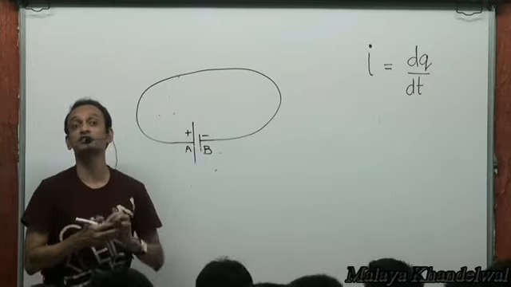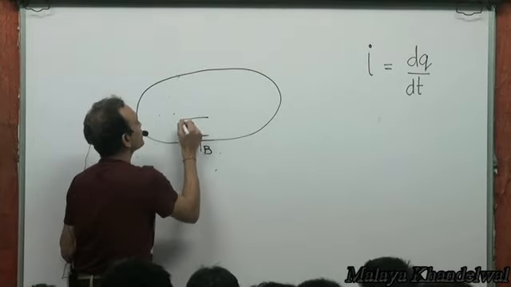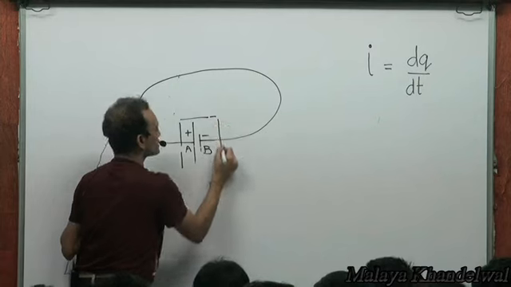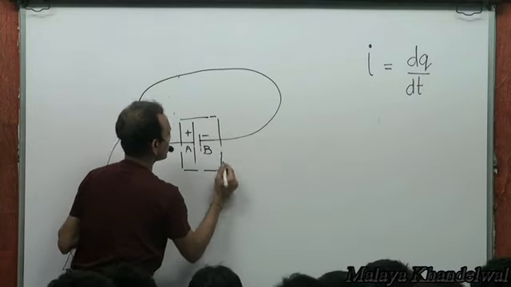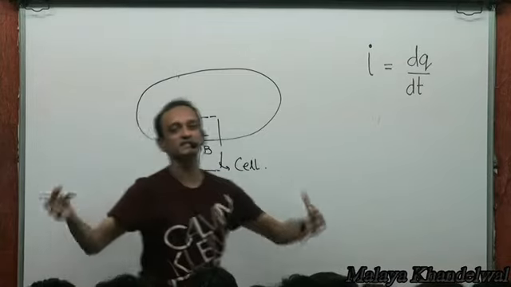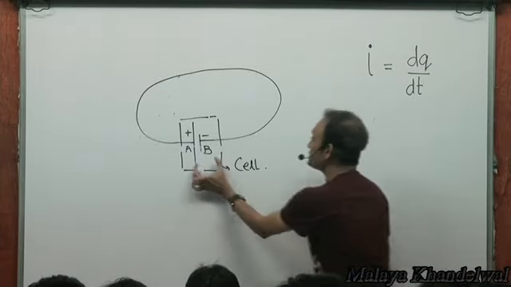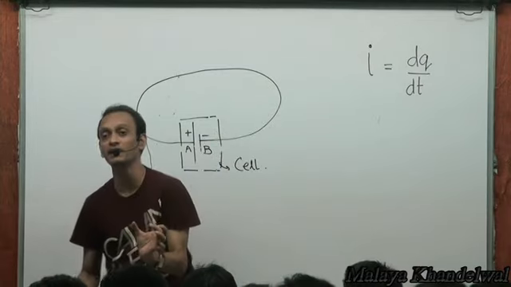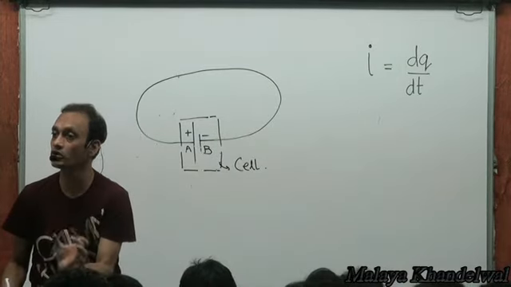This mechanism which does that is called a battery or a cell. A collection of cells is a battery essentially, but the mechanism that maintains the potential difference between A and B is called a cell.